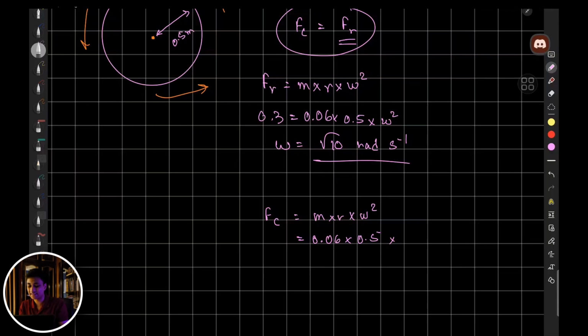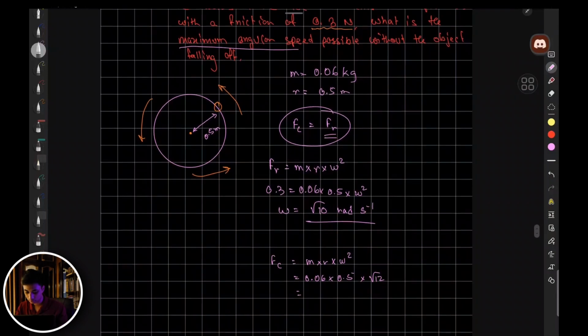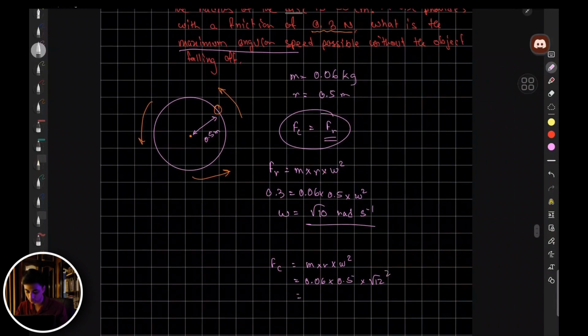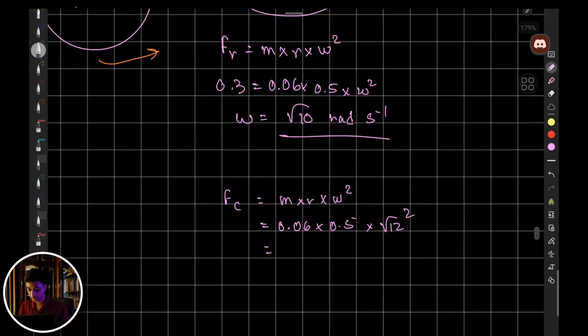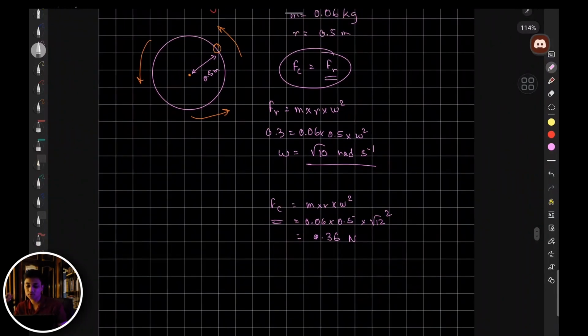From root 10, let's say you go to root 12, it's going to give you a greater centripetal force, 0.06 times 0.5 times root 12. Sorry, I forgot to square it. So it's giving you a value of 0.06 times 0.5 times 12, which is 0.36. 0.36 is the value of the new centripetal force.